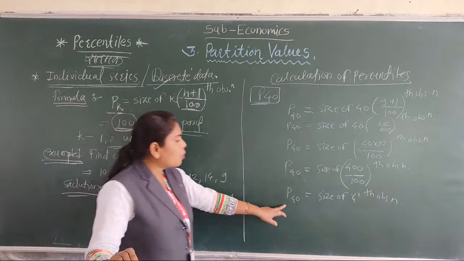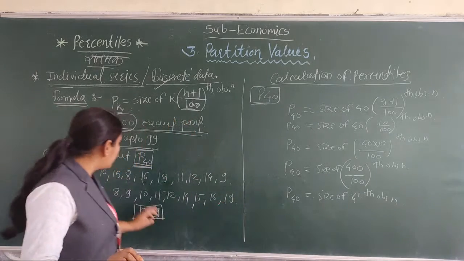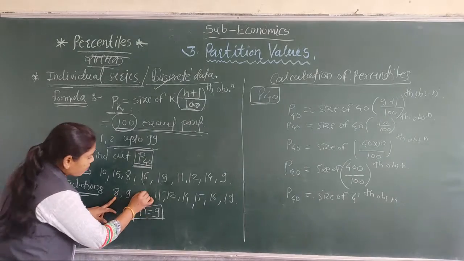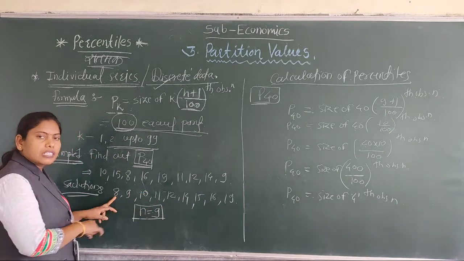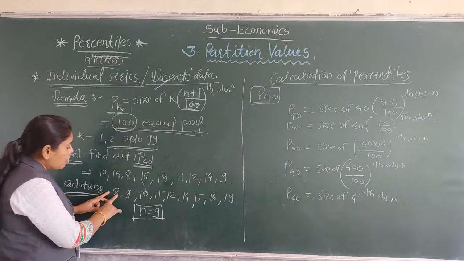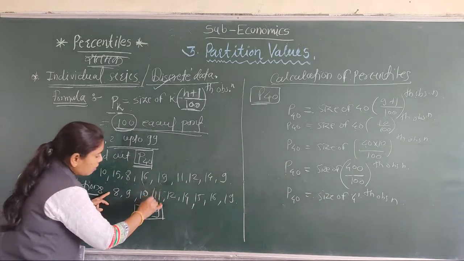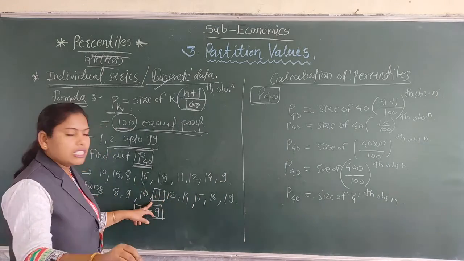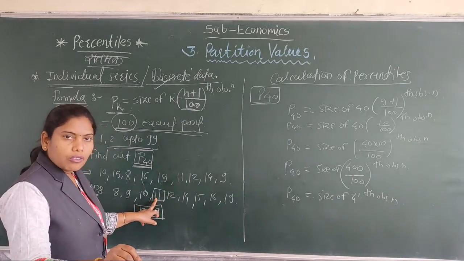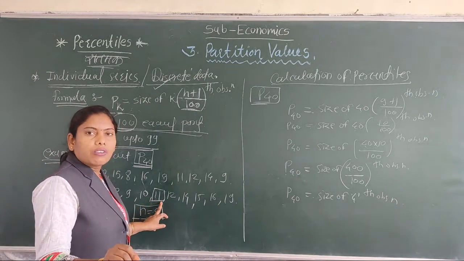And the fourth observation in this series is 1, 2, 3 and 4. The fourth observation is equal to 11. Therefore, P40, size of the fourth observation, is equal to 11.